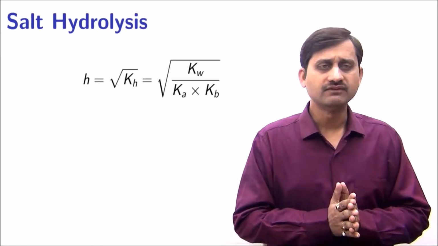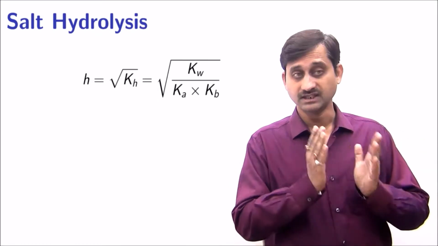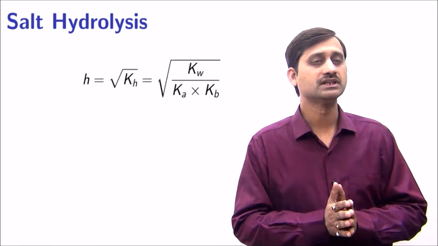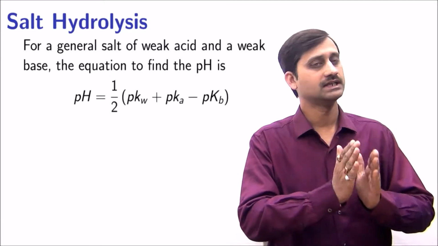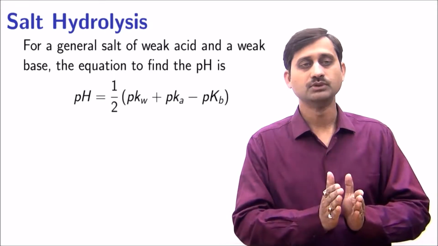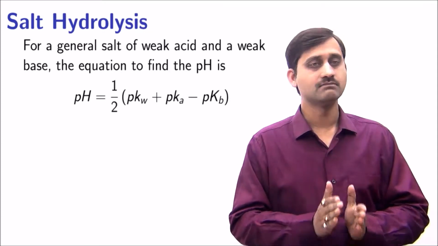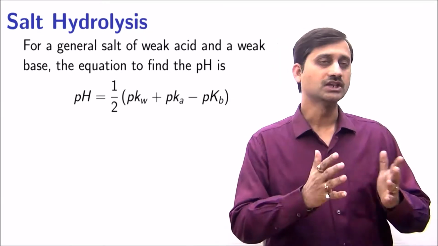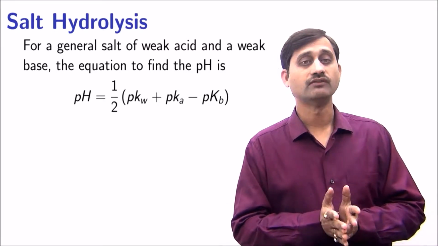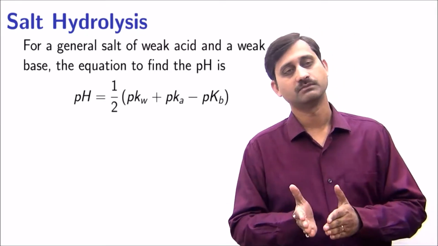We will not go into the derivation of the equation of the pH of this type of salt. Simply, the equation to be used is pH is equal to 1 by 2 (pKw plus pKa minus pKb). This way, we can find the pH of a solution of a salt of weak acid with a weak base.